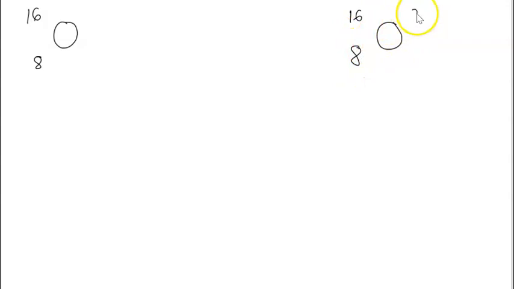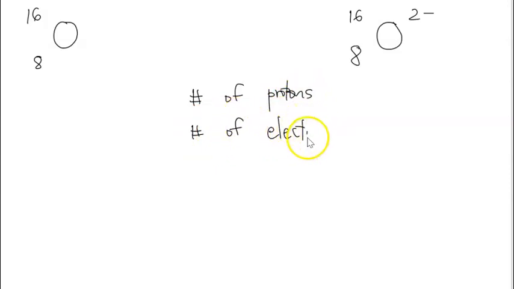Let's take, for example, a negatively charged ion. For example, oxygen. Number of protons, number of electrons, and number of neutrons.